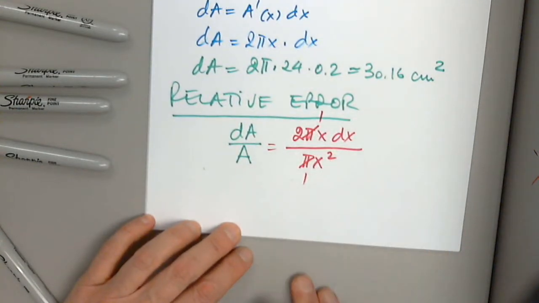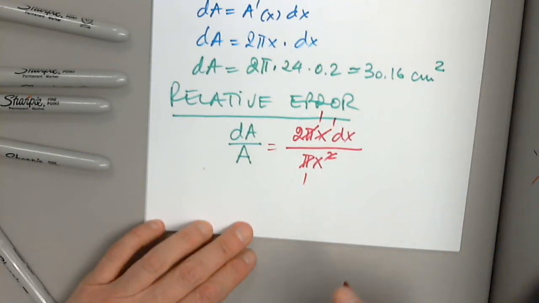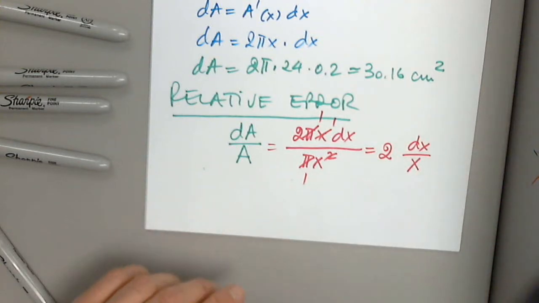We simplify pi and pi. We simplify x and x. And here's what we get. Twice dx over x. Remember, x is the radius. So the relative error in the area is twice, what is this?